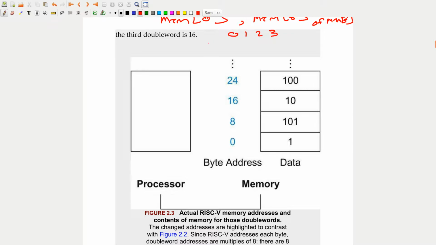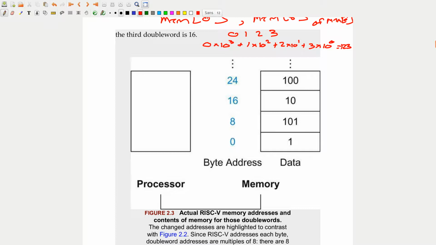If we break this down as a number system, this would be 0 times 10 to the 3 plus 1 times 10 to the 2 plus 2 times 10 to the 1 plus 3 times 10 to the 0. Okay, so that's this number. This number is equal to 123.